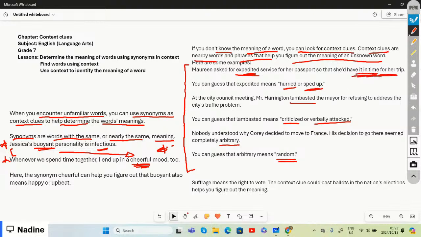If you want something in time for your trip, and now you have this word expedited, what does expedited even mean? Then you know if I need to have something in time for my trip, then clearly I need it chop chop. It needs to be hurried, it needs to be sped up. We need to speed up this process because I need it before I leave next week for my trip, for example.